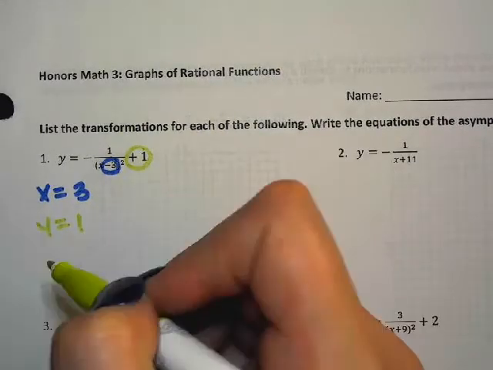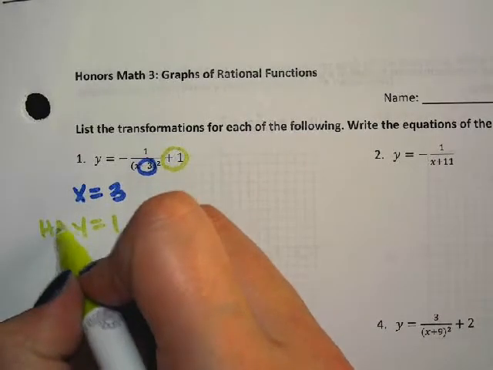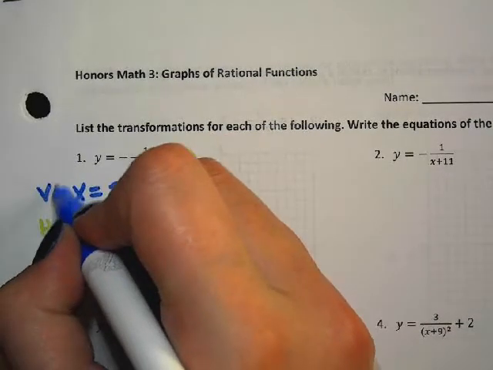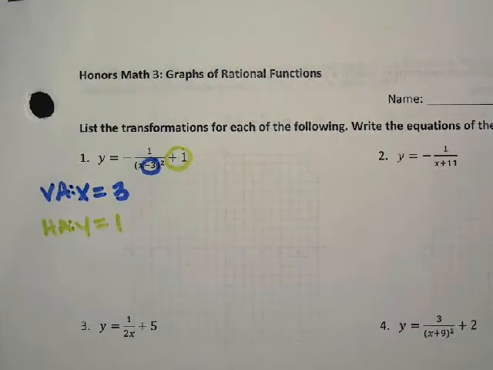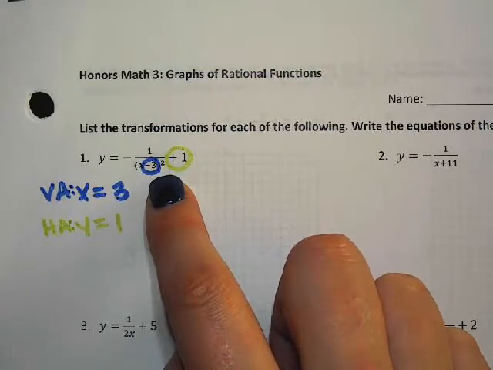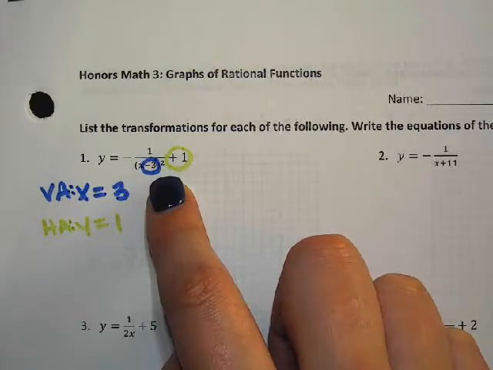And so this is the horizontal asymptote. And the other one was the vertical asymptote. Squared just means it has a different parent graph. That's not a transformation. That would just be saying the curves are on the same side. So as far as writing transformations and stuff like that, you're not going to address the squared. It only makes a difference if you graph it.